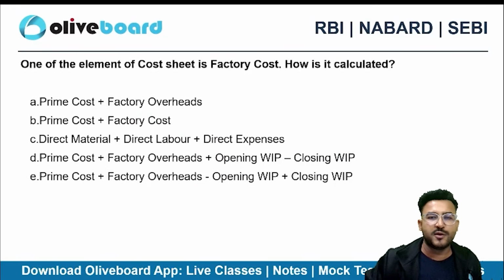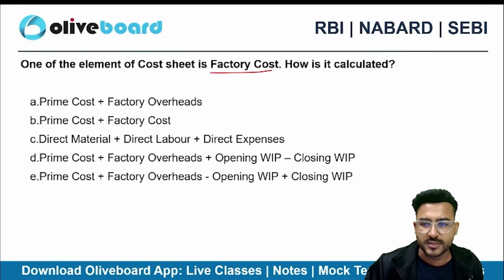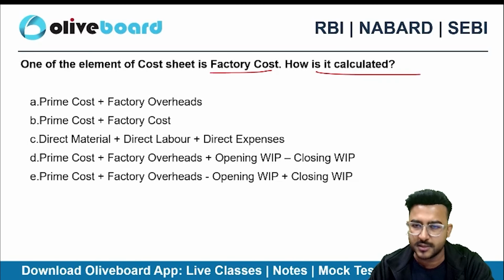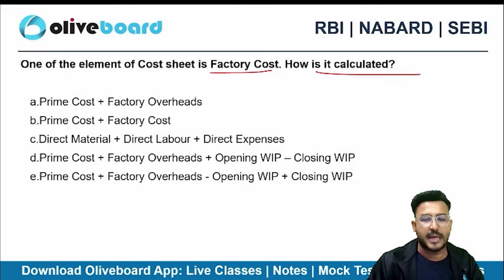One of the element of the cost sheet is factory cost. Can you tell me how it is calculated? So which is the apt formula for the calculation of factory cost?